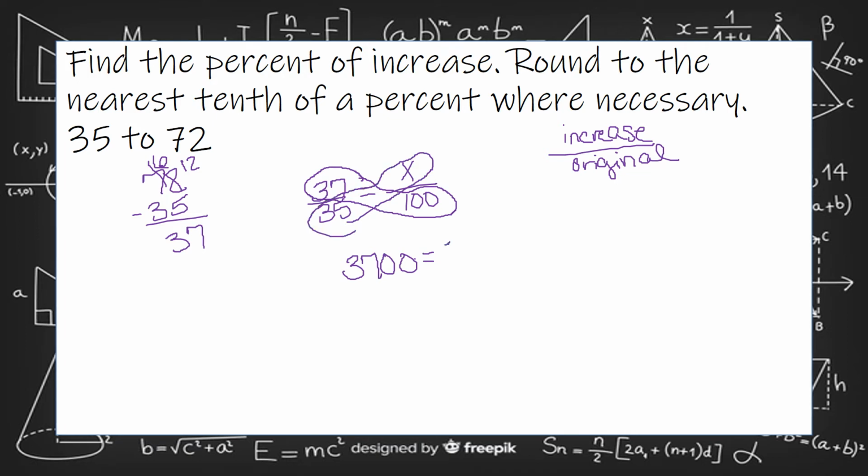And then cross multiply over here. 35 times x is 35x. We need to divide both sides by 35. Draw your line down the middle if you need to remind yourself to do that to both sides. And we're left with x equals 3,700 divided by 35, using your handy-dandy calculator, is 105.